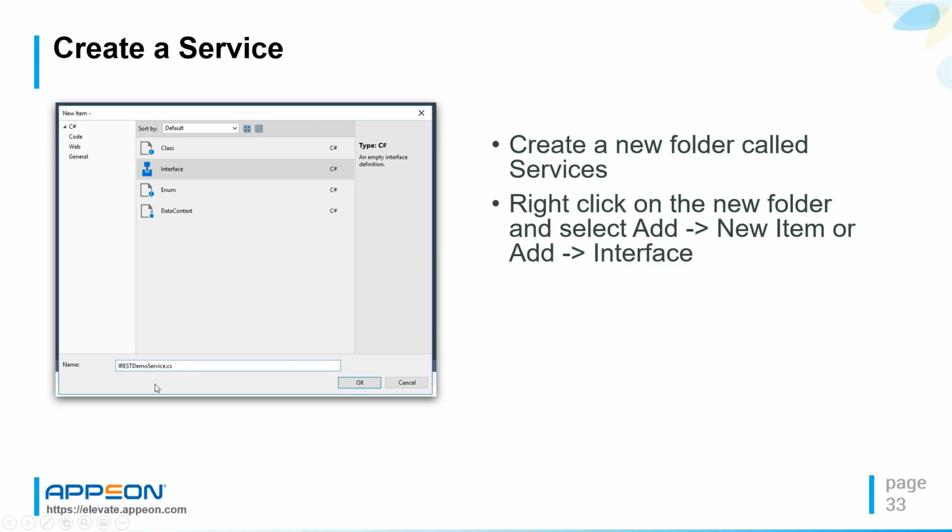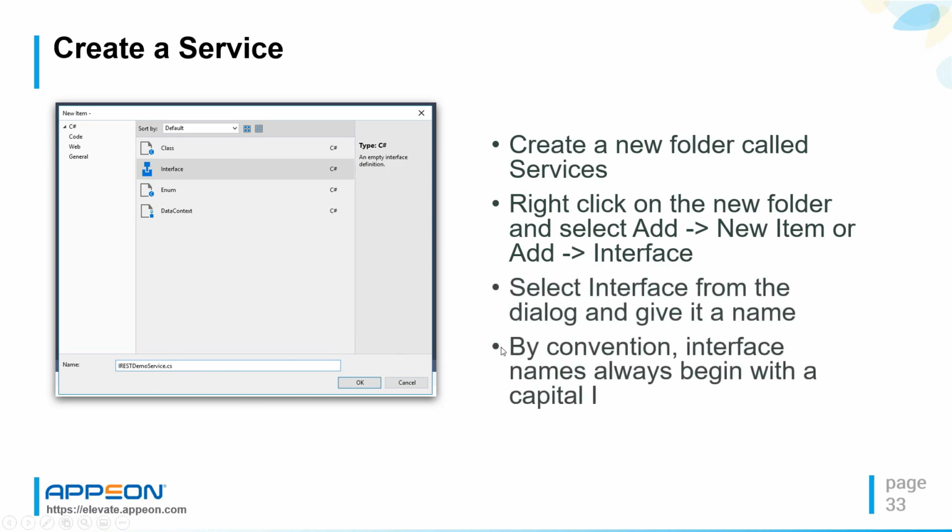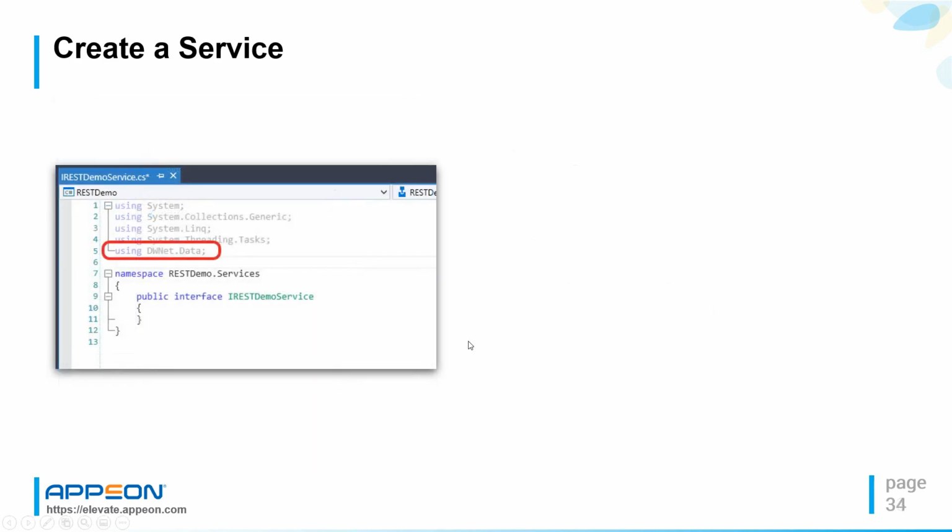Give it a name, and by convention, interfaces begin with a capital I and then the name of whatever service will eventually implement them. So I called mine IRestDemoService. So this is basically all that gets generated. It's pretty bare. We're going to add a using clause for dwnet.data.